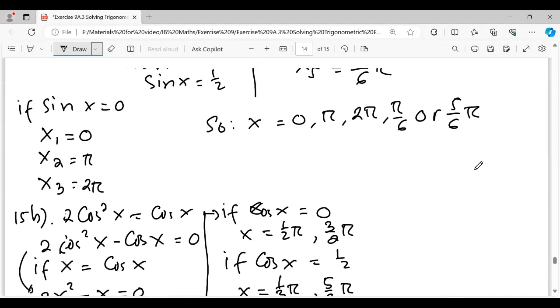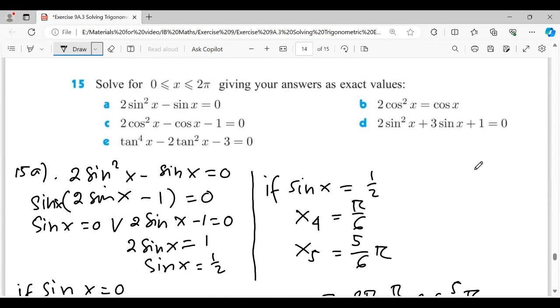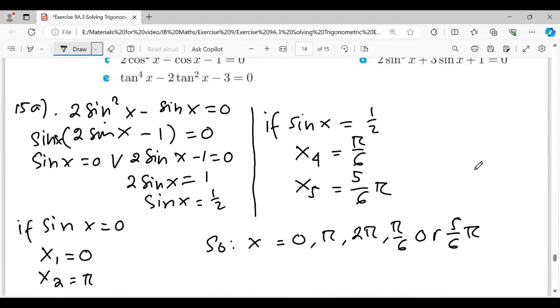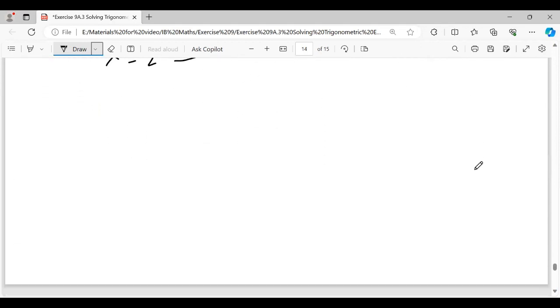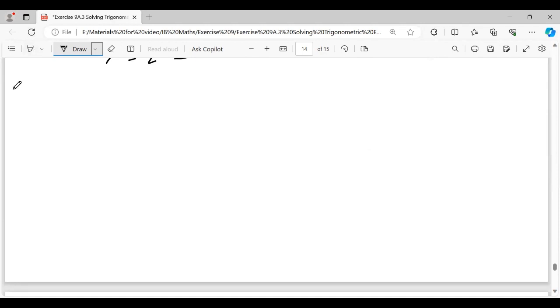Next, 15c. 2 cosine squared x minus cosine x minus 1 equals 0.